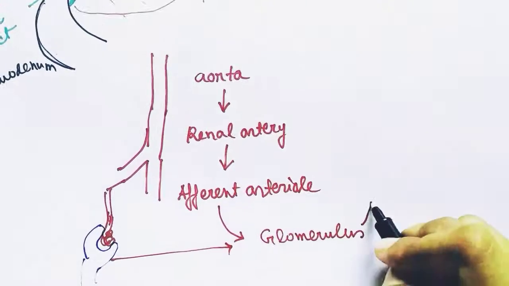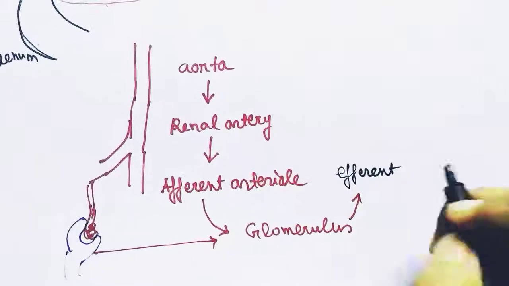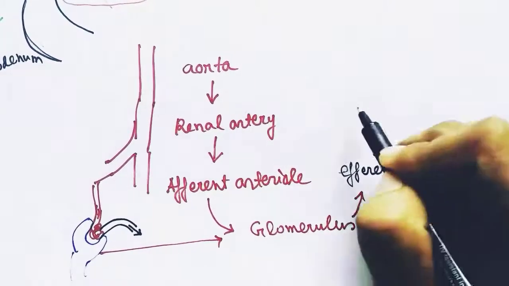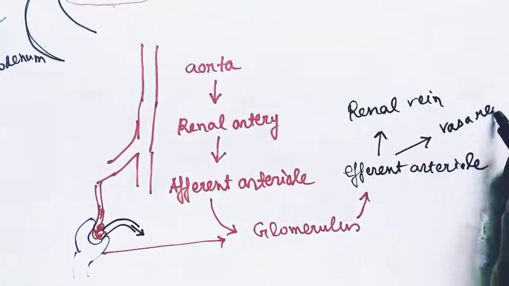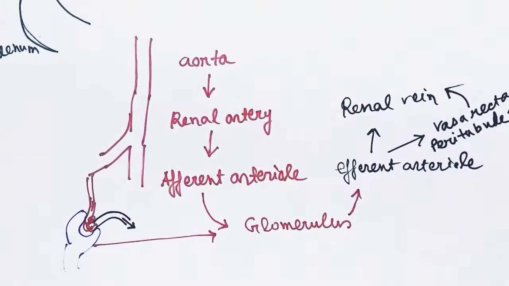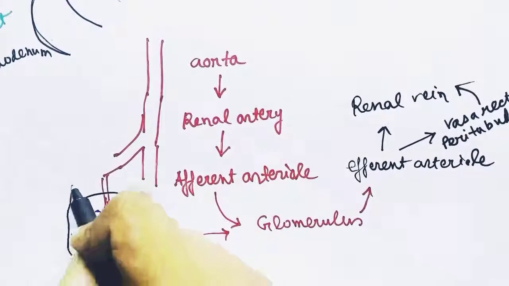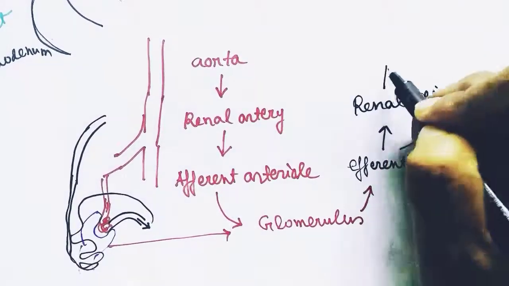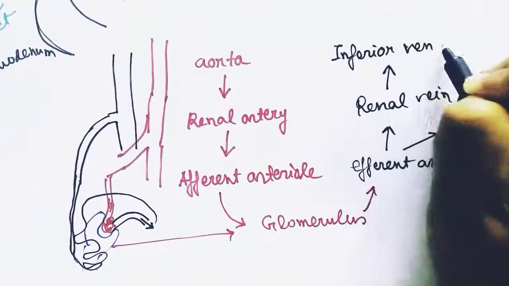After filtration, the blood will go out via the efferent arteriole. The efferent arteriole will form vasa recta or peritubular structure, which will join with the renal vein. And the renal vein will then go out of the kidney and will join larger vein called inferior vena cava.